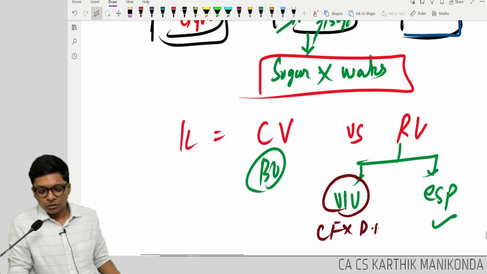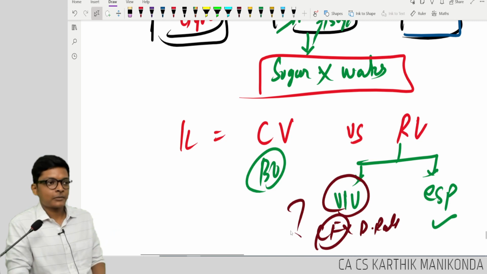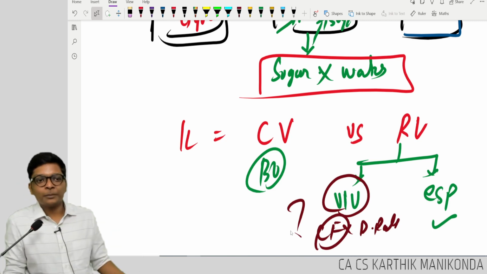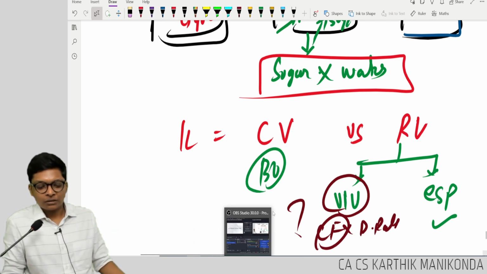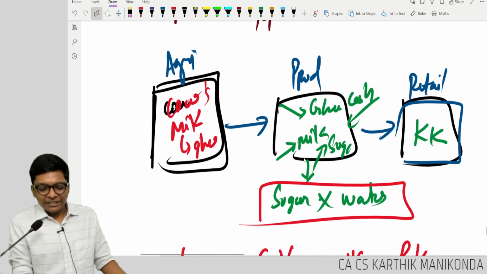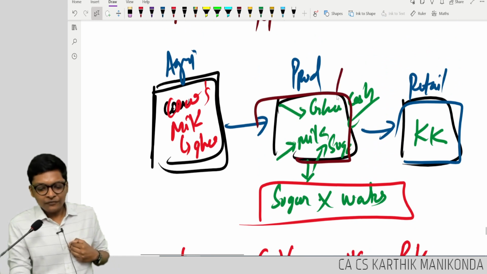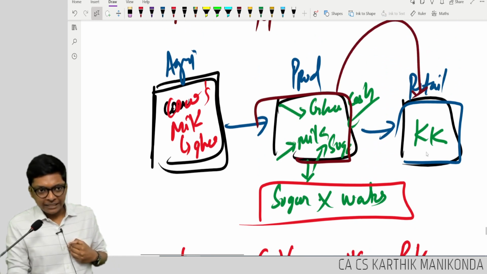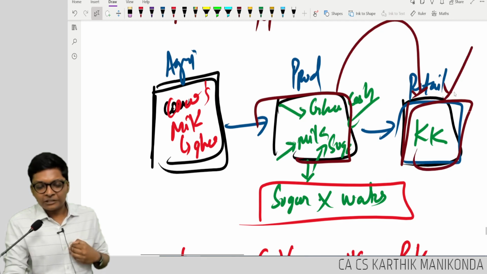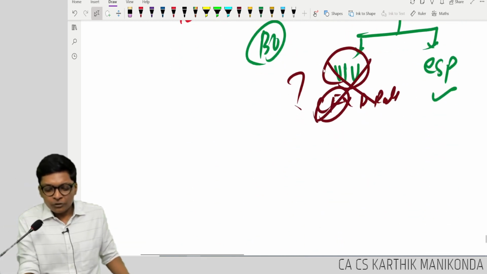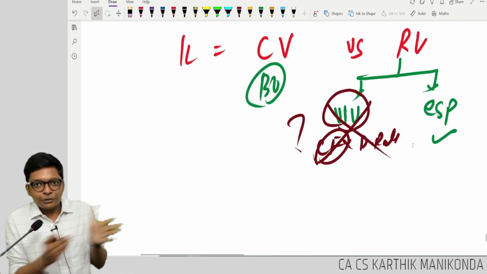What is the cash flow that machine can give me? Are you following, guys? Nothing. The machine has no direct cash flow. The machine gives the sweet to retail. The retail outlet only gets me cash flow. That means you can't compute value in use for this machine because there is no direct cash flow.